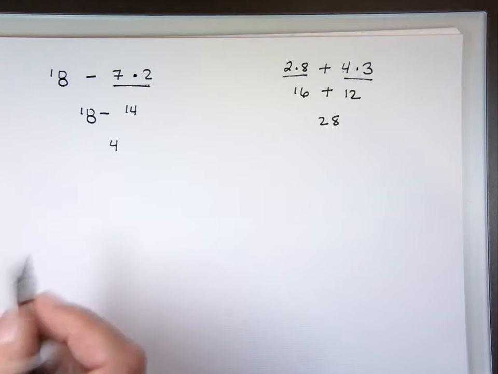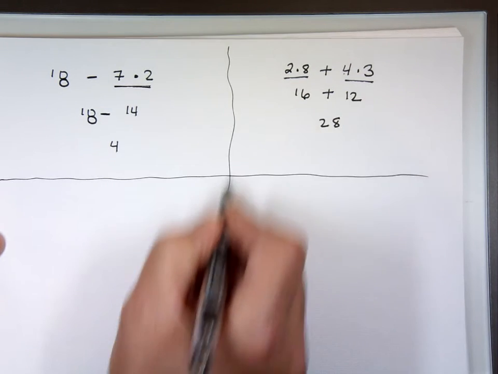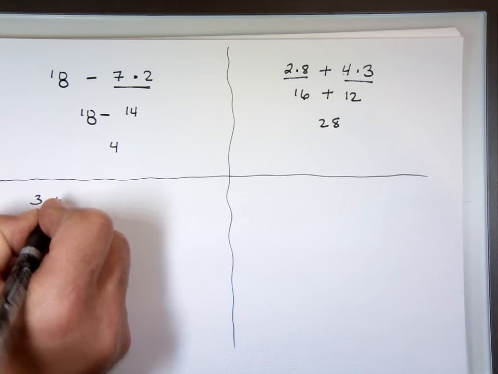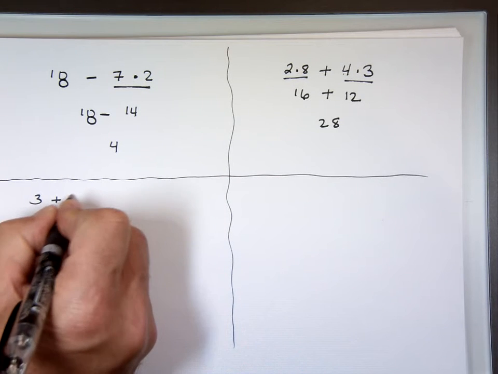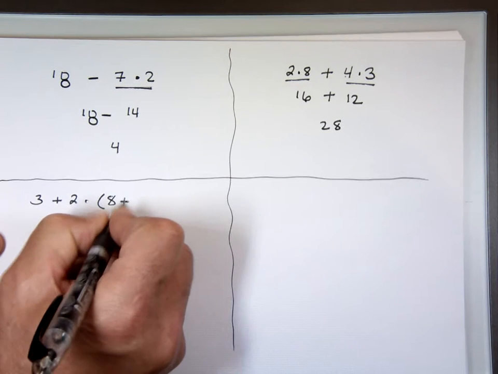Let's make the problem bigger now. 3 plus 2 times, parentheses, 8 plus 3 squared.